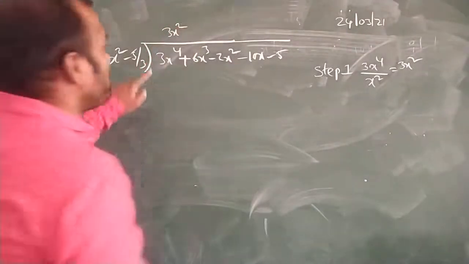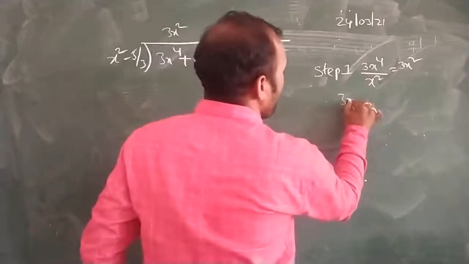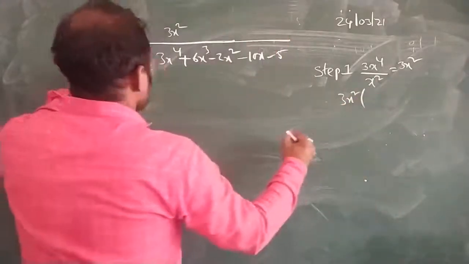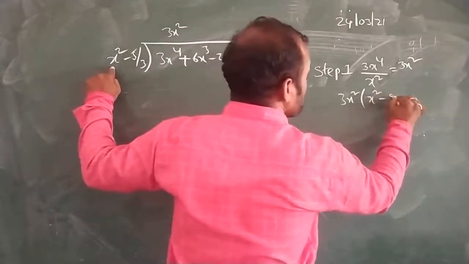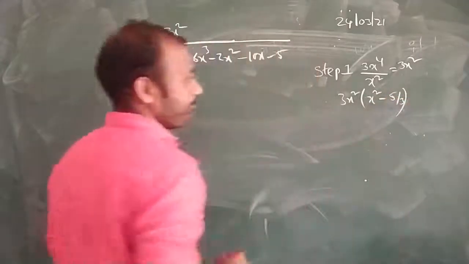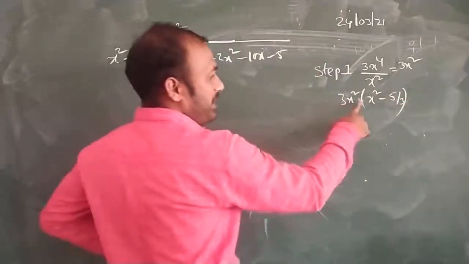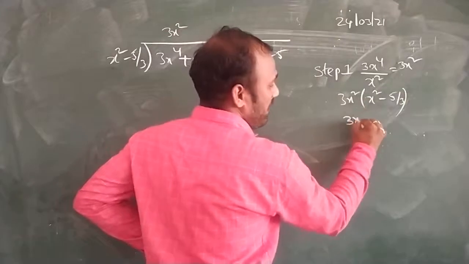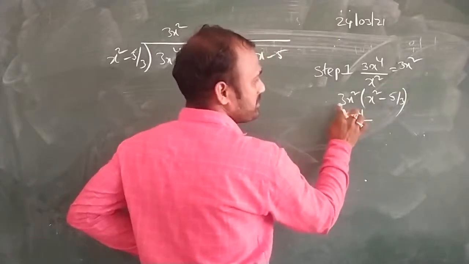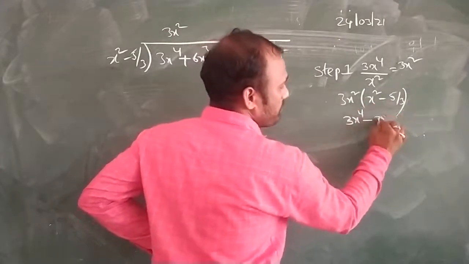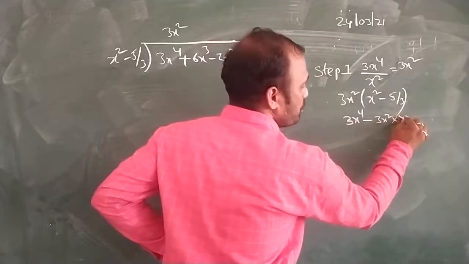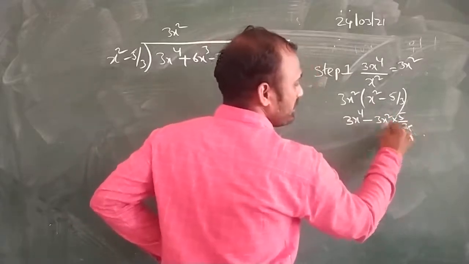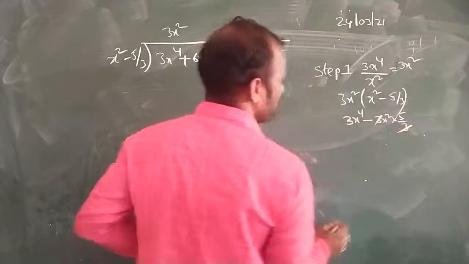For clarity, let us multiply 3x square into the whole polynomial x square minus 5 by 3. 3x square into x square is 3x to the power of 4. 3x square into 5 by 3, the 3 cancels, becoming 5x square.